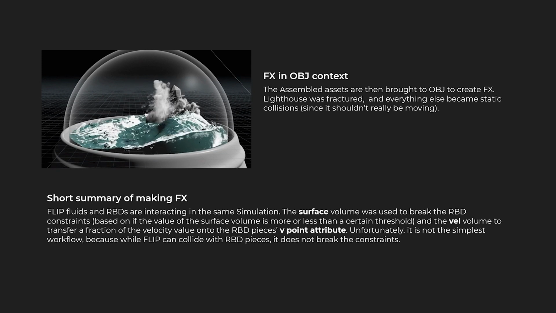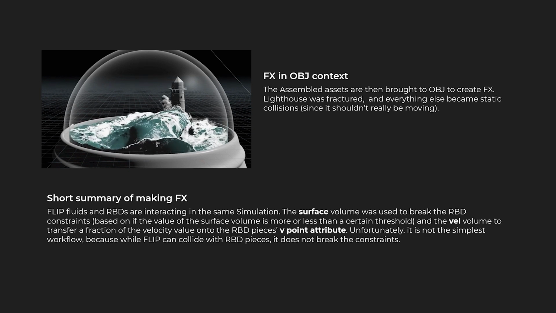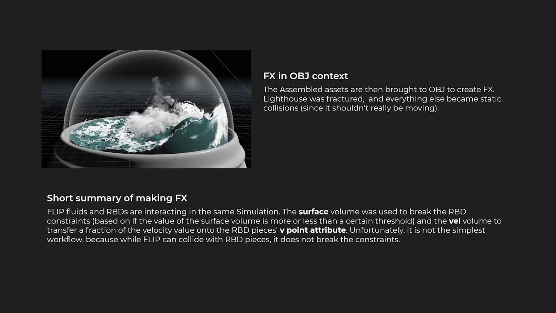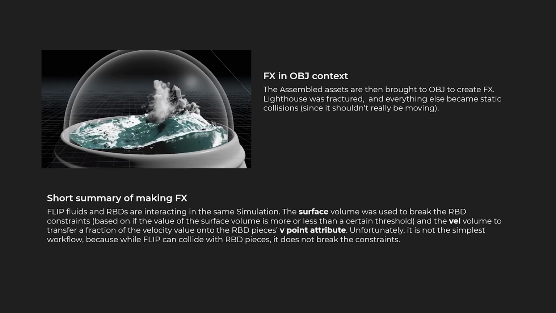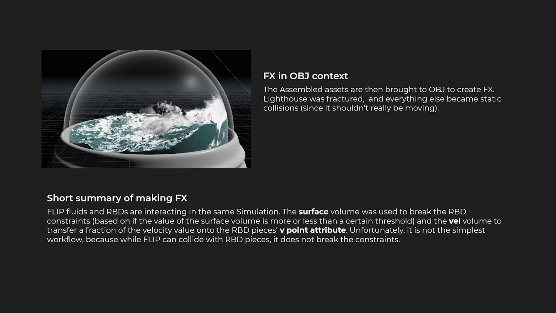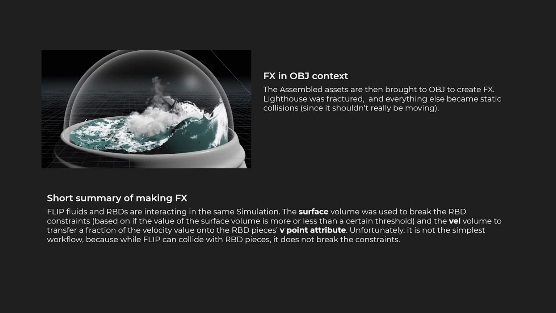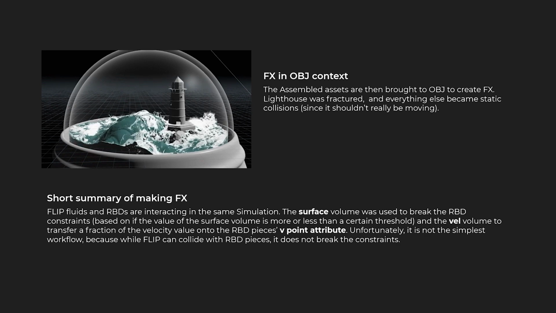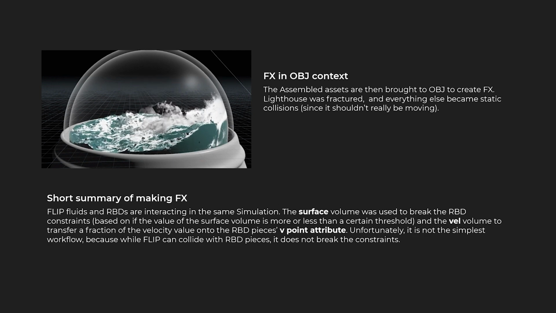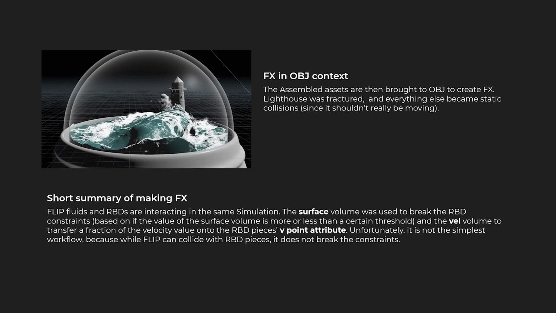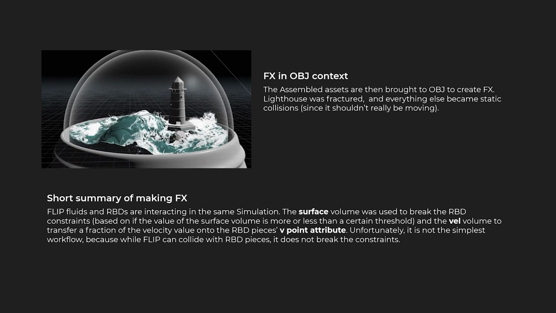So as I said before, I'm just bringing the lighthouse asset into SOPs and doing fracturing and collisions over there, making the narrowband FLIP tank, and the FLIP fluids and the RBDs are actually interacting in the same simulation, in the same DOP. And the surface volume was used to break the RBD constraints based on the surface attribute at the point of the RBD piece.